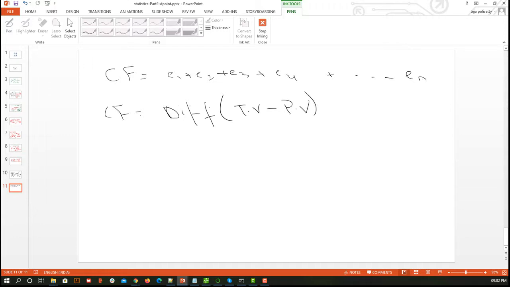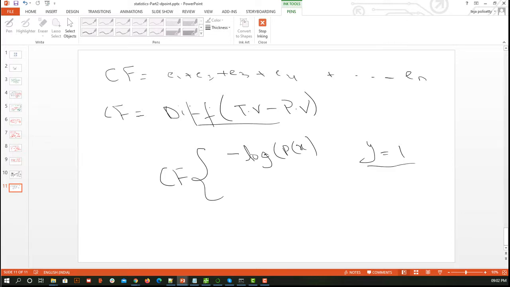That is the cost I have to pay for predicting incorrectly. In logistic regression, our cost function is derived in this format: minus log of p of x. I will use this formula when my y value is equal to 1.